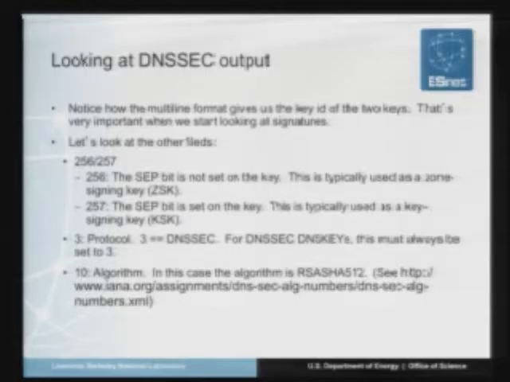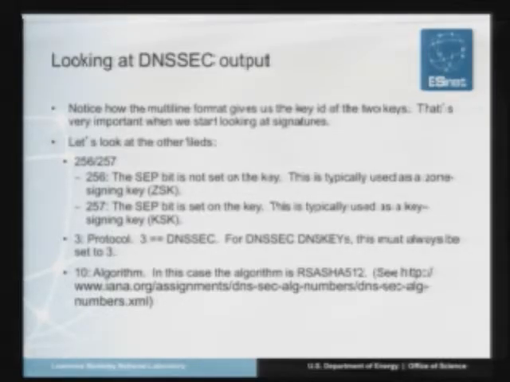A ZSK is used to sign all the records in the zone. The KSK, or key signing key, signs the two DNS keys, or the minimum two DNS keys. It'll sign all the DNS keys if there are more than two. So it'll sign the KSK, it'll sign itself, and it will also sign the ZSK. You then take a hash of the KSK and you put that in the DS record in the parent zone up above. So that hash has to match the KSK. Again, why it's useful to have the key ID.